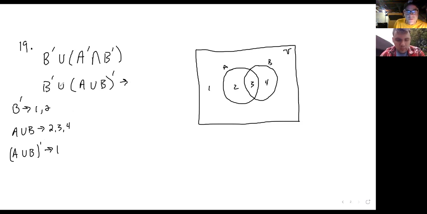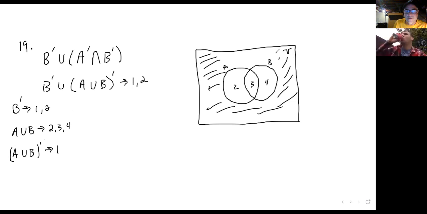It says union. Remember, you throw everything together. So that would be 1 and 2 combined with 1. So it's 1 and 2. If it had said intersection, if this had been an upside down U, I would have said just 1. And so then it's just a matter of shading everything outside, and then also region 2.